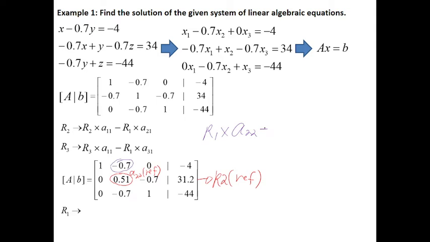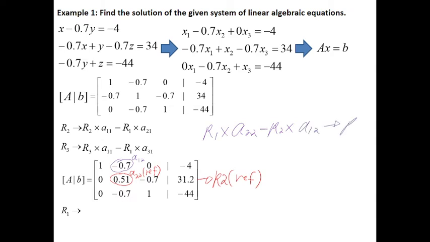Ang i-minus ko ay yung product ng reference row at saka nung element na gagawin kong 0. So, ano yung element na gagawin kong 0? Ito. A12. Okay? Row 1, second column. A12.